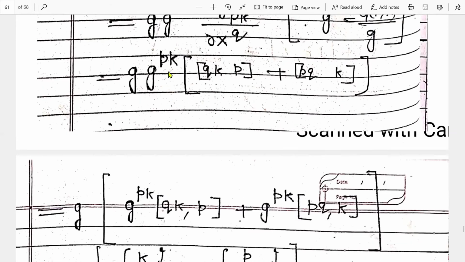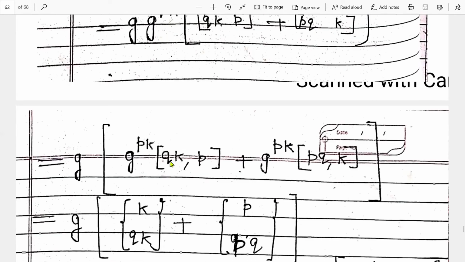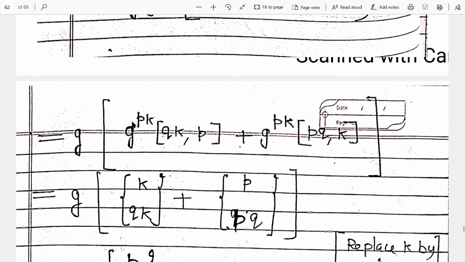Now take this in the bracket. This will become [pk, qk] and [pk, pq]. Right. So these are the simple definition of the second Christoffel symbol. Now in this case, this p and this k, right? So this p is common. So remaining is k and qk, right? I repeat again.